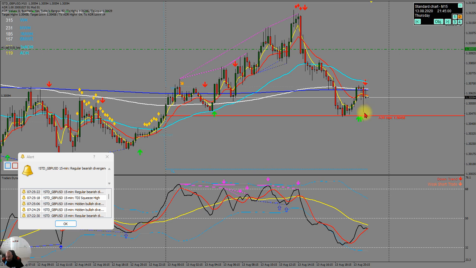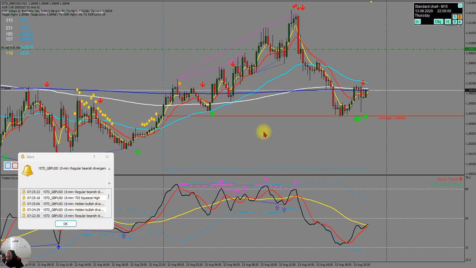And look at that. That was a nice pin, a nice wick to the back, almost to that low again. So I'm just breaking down the behavior. And there it is. Look at this. You have a close above the 13. Current price is crossing over the baseline. So this could start to rise.